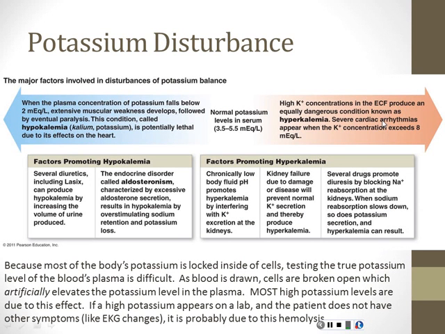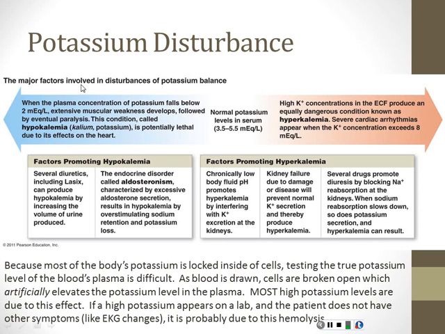Just like with sodium, too low or too high are both bad for you. The normal range is 3.5 to 5.5. That's in the plasma. So you take blood from the patient, take the red cells out, and the lab measures how much potassium per liter is present there. So we see both hyperkalemia and hypokalemia, too much or too little.